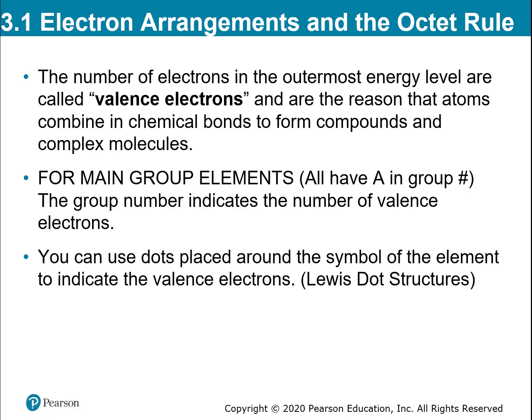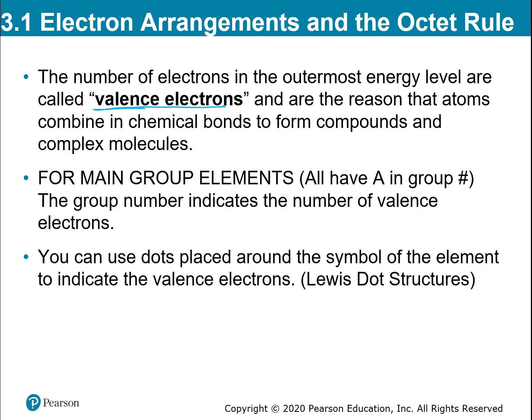Okay, so the number of electrons in the outer energy level is really what dictates how they're going to react and what kind of bonds they're going to form, because they're the ones that aren't full. The ones in the inner energy levels are already full, so you don't really have to worry with them, and you really can just pick out how many valence electrons, or how many outer energy level electrons, an atom has.